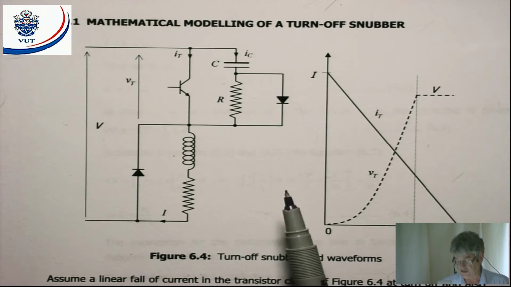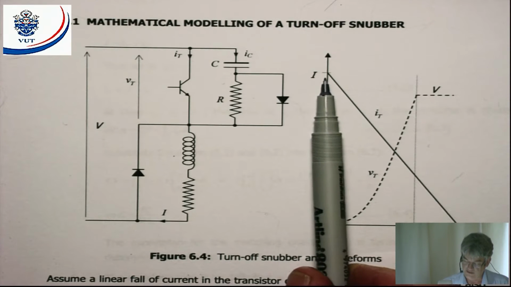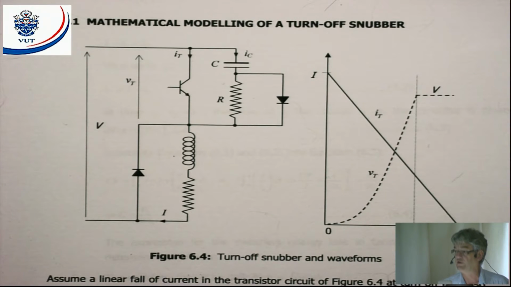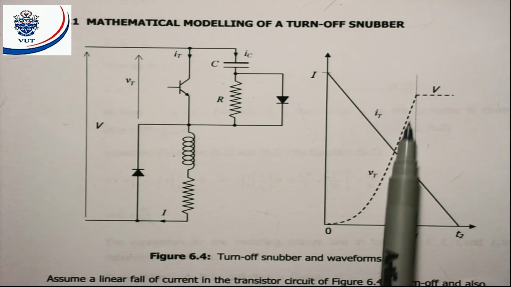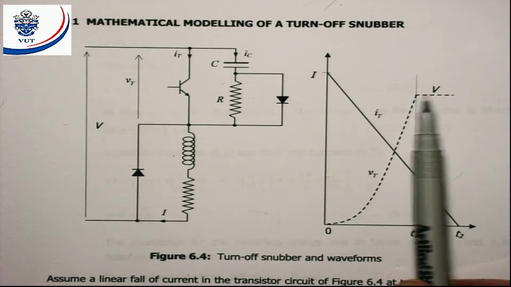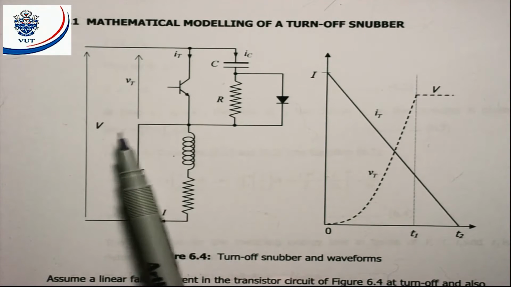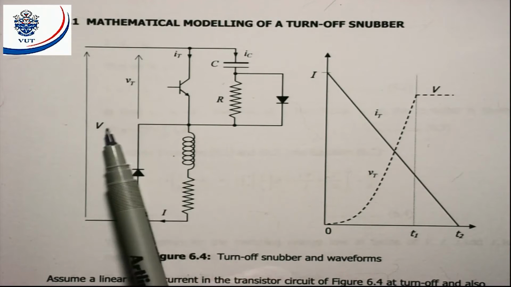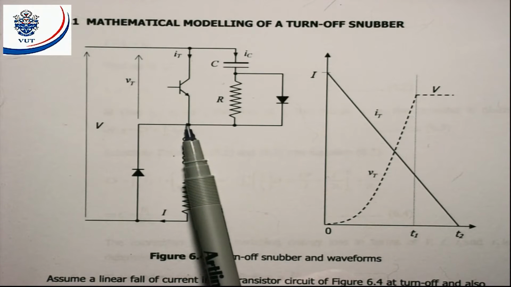One of the assumptions that we have to make is that the current will fall linearly during the turn off time, and T2 is our turn off time. The transistor voltage will rise until it reaches its maximum, which is the supply voltage there. So when Vt is equal to V, then we have the situation that the device is completely off.